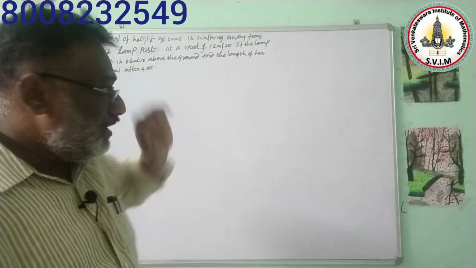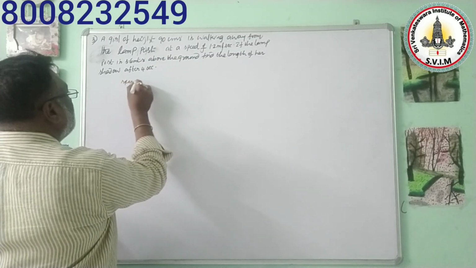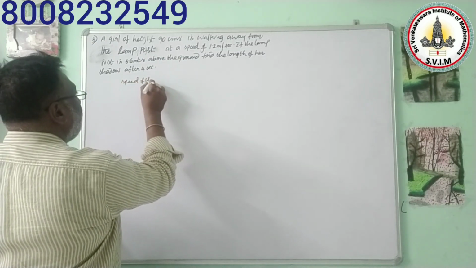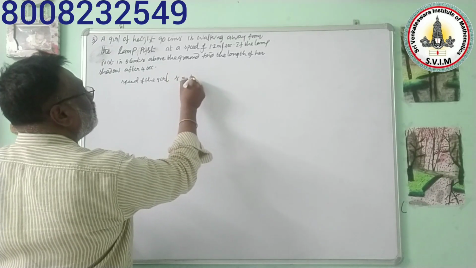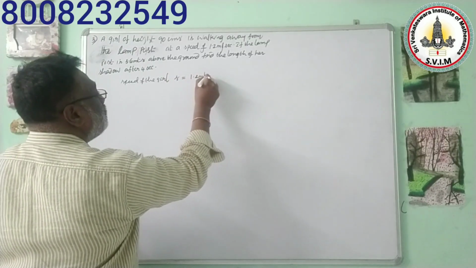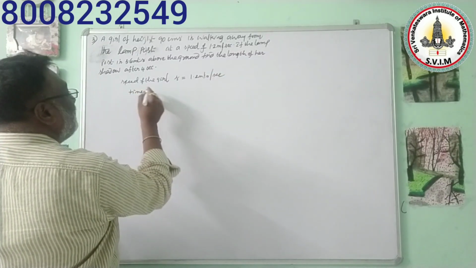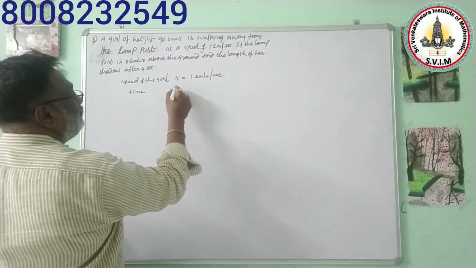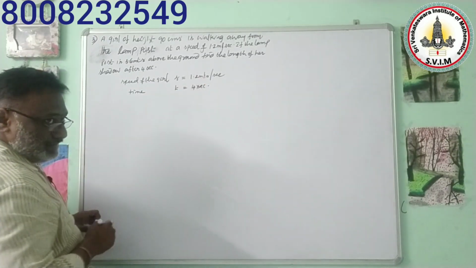Okay, yes, now listen to me. First, the speed of the girl: S is equal to 1.2 meter per second. Time: t is equal to 4 seconds.